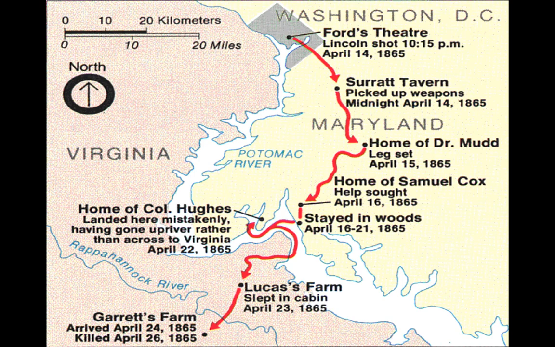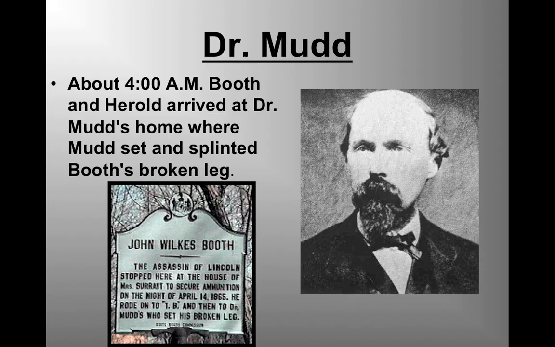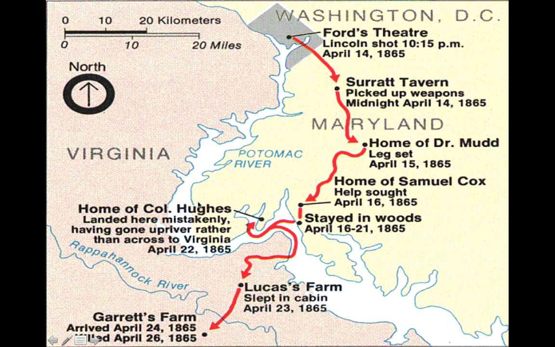He goes to a tavern, he then goes to the home of Dr. Mudd, more on that in a little bit, and then he basically just hides from the United States Army until he gets to Garrett's farm, which we'll talk about in just a few moments. You can see he rides, literally, 40, 50 miles from D.C. as a way to try to escape.